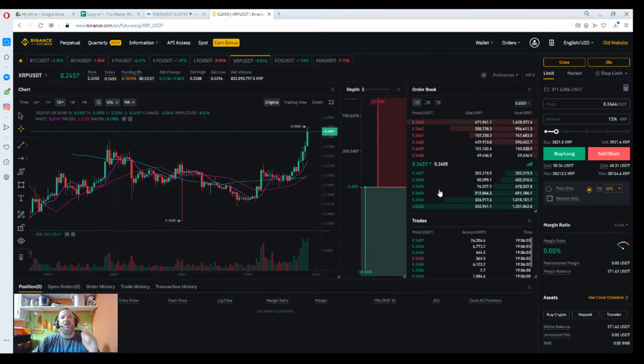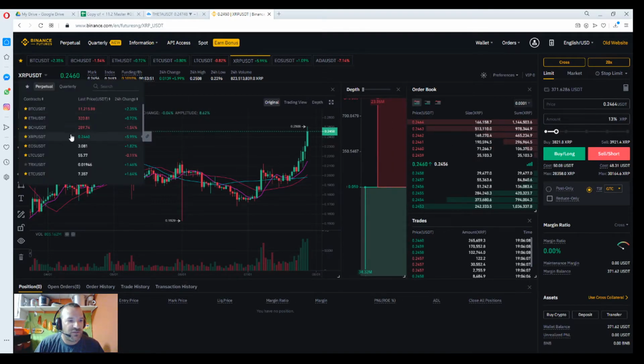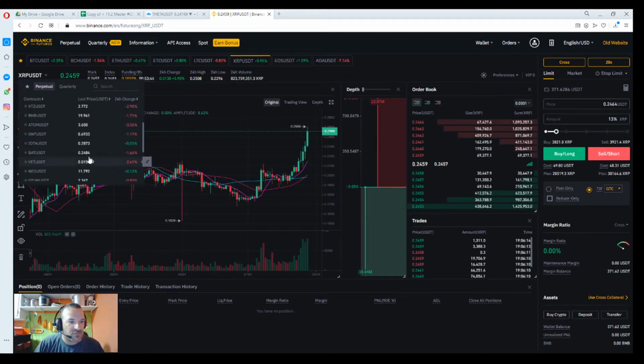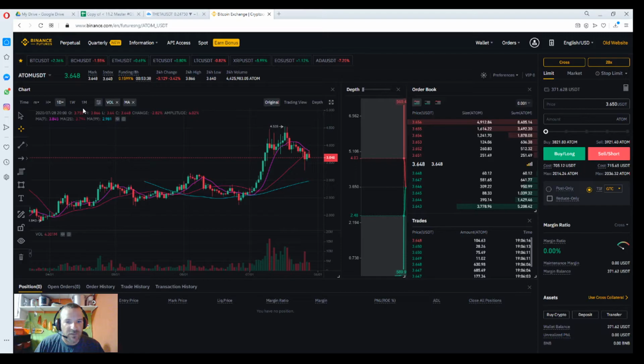All right, so I'm going to make a quick trade here just to show you. Let's pick a coin that looks really shitty. Atom. What's Atom look like? Ooh, it's under the 8. Let's go pull that up on my main chart here.